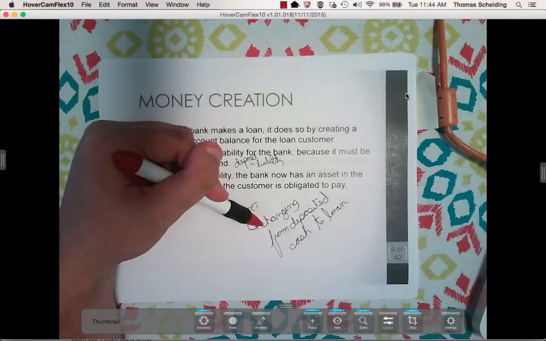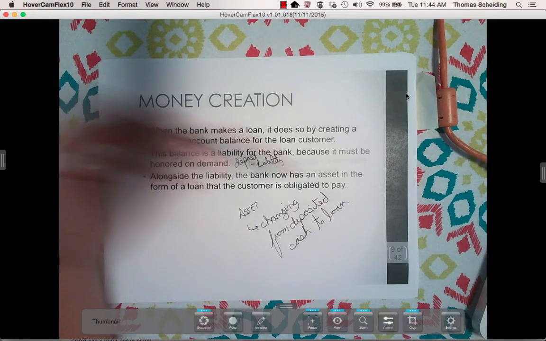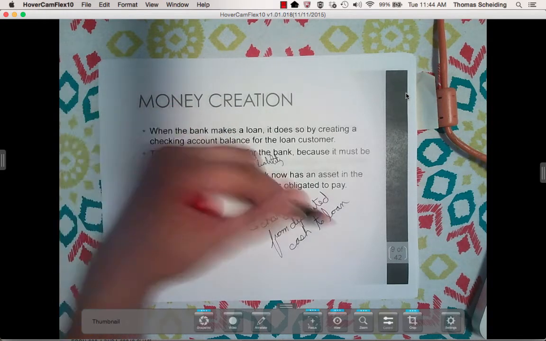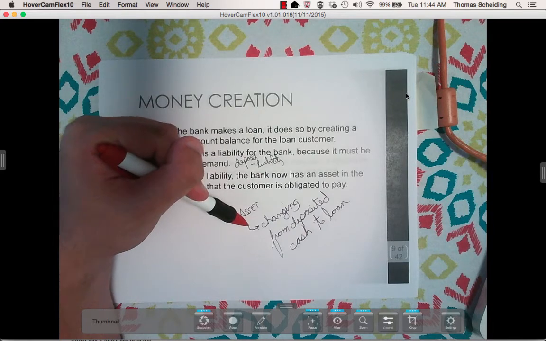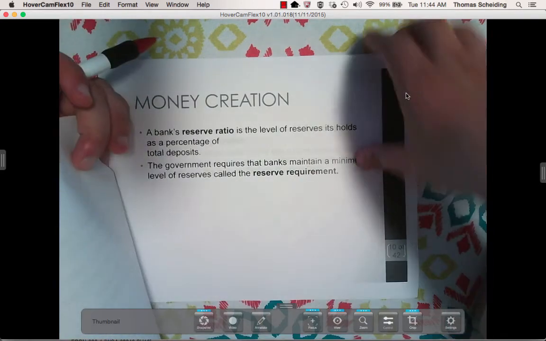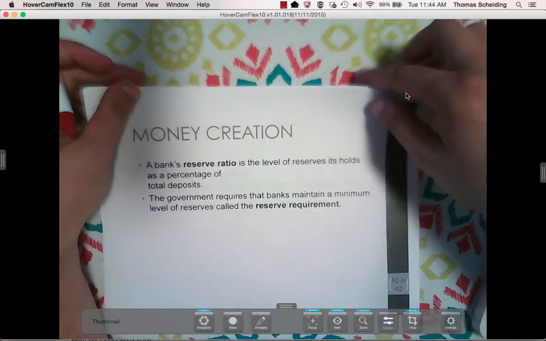That's what the asset is doing. The asset's changing from the cash that I had deposited to a loan. And these two still have to offset each other. Liabilities still have to equal assets. Well, liabilities and shareholder equity.